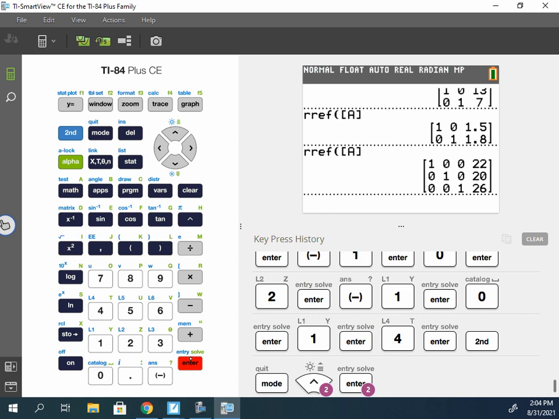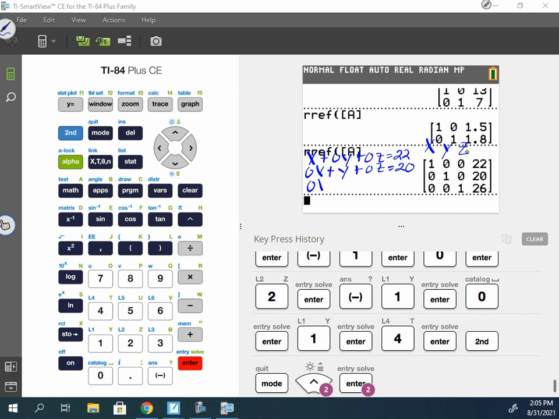When we put them in, we put x first, y, and then z is the order of the variables. So what this is telling me across the top is x plus 0y plus 0z is equal to 22. The next one is 0x plus y plus 0z is equal to 20.